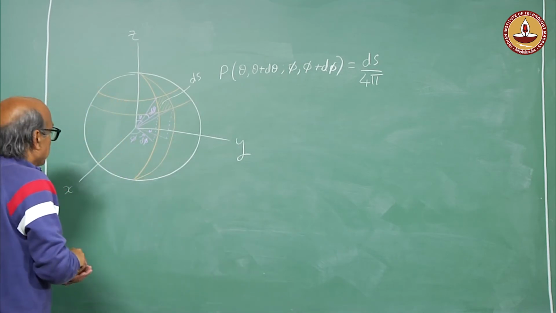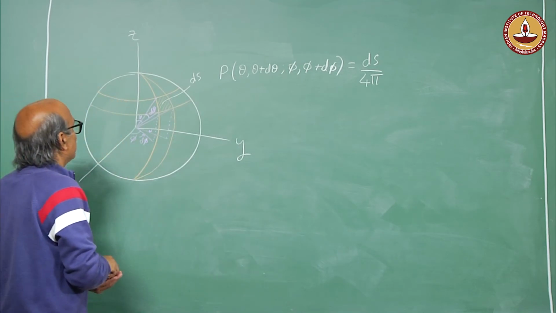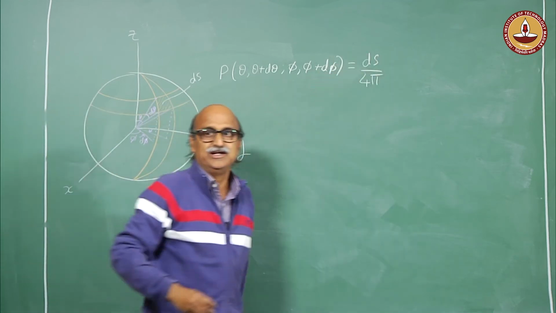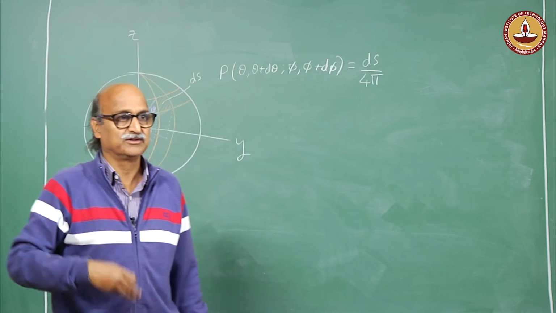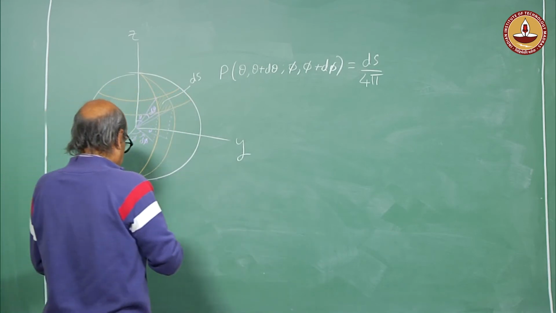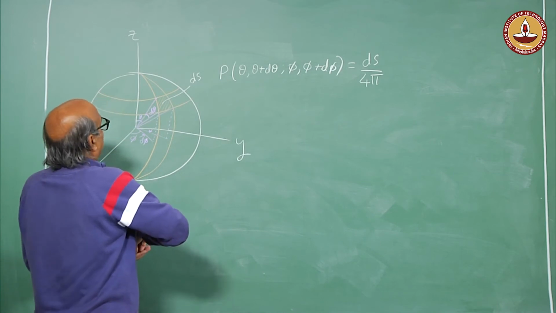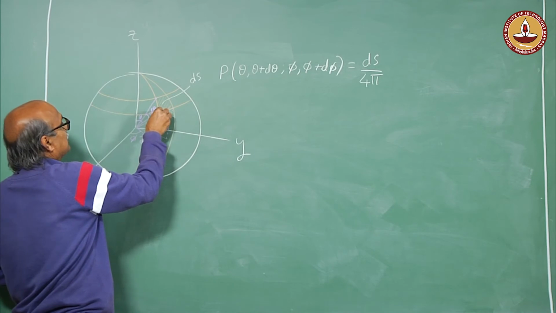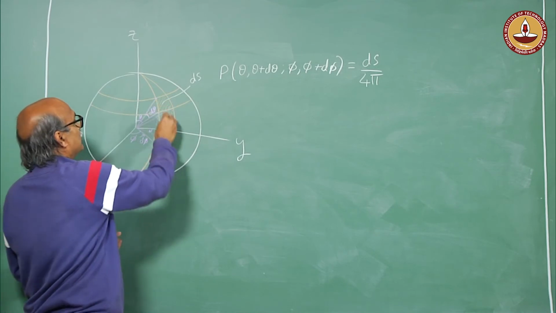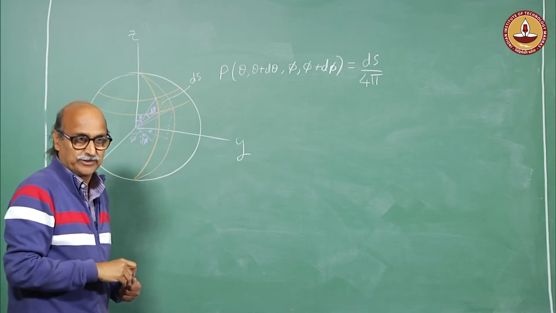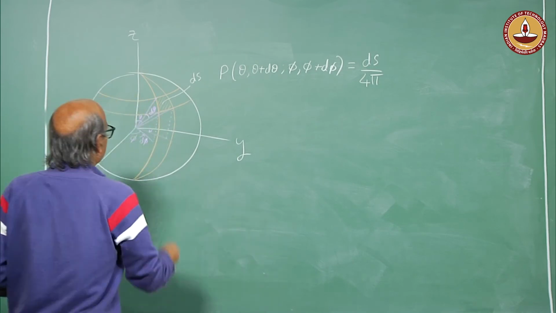Okay. Now, let us try to find out ds in terms of my angles theta and phi. So, if I look at this length, basically this length into this length would give me the area of this infinitesimal element. Now, what would be this length?